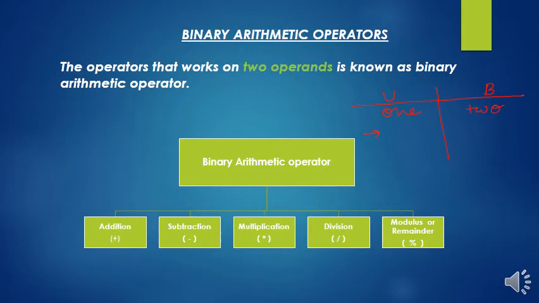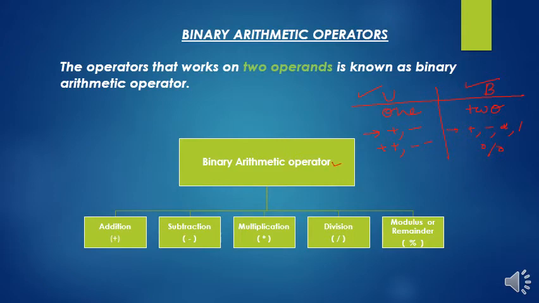In Java, the unary operators are of four types: unary plus, unary minus, unary increment, and unary decrement. Arithmetic binary operators are of five types: plus, minus, multiplication, division, and mod. So that is the difference between the unary and binary operator.